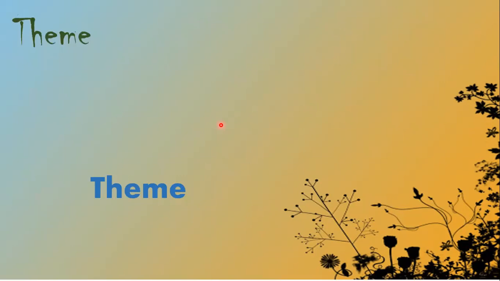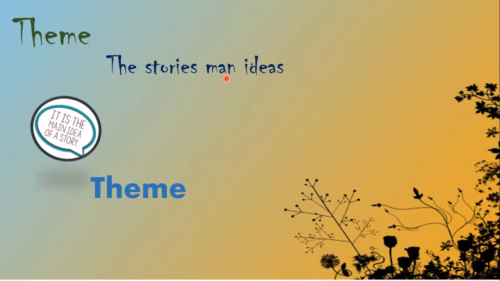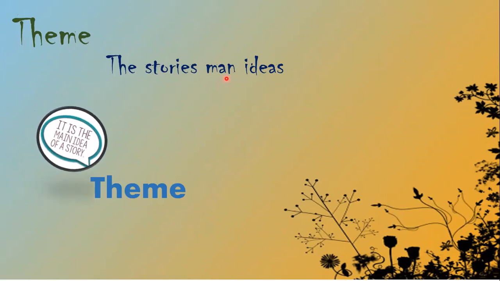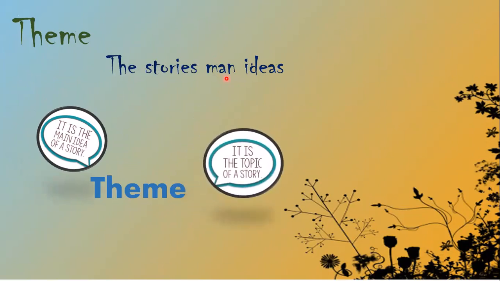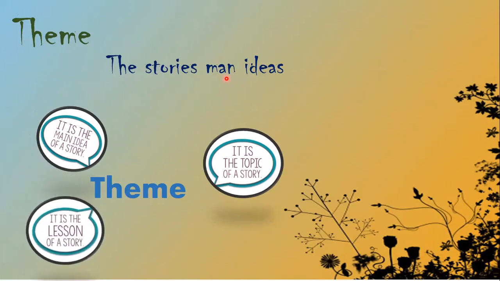There is another very important thing in the story, that is the theme. And it is actually the main idea of the story. It is actually your main idea of the story. It is actually the topic of the story on which you are writing. It is actually that underlying lesson which you are going to give to your readers.